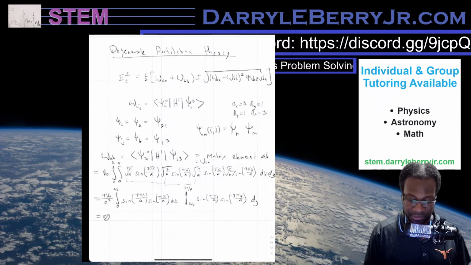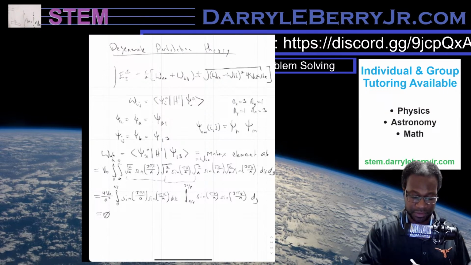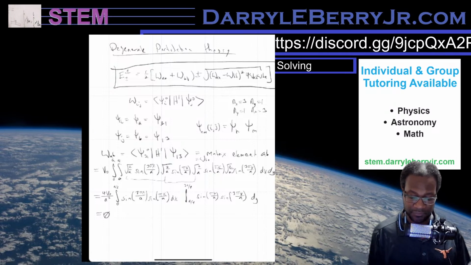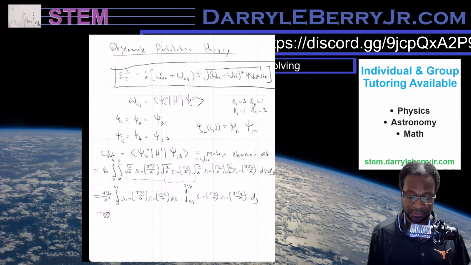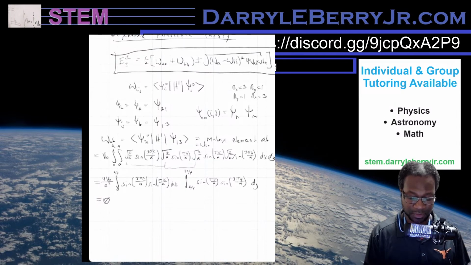So again, we're looking at this degenerate perturbation theory. This is the equation for the energy of the first degenerate state.